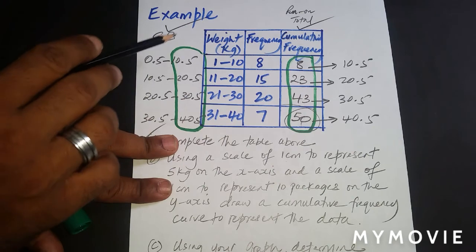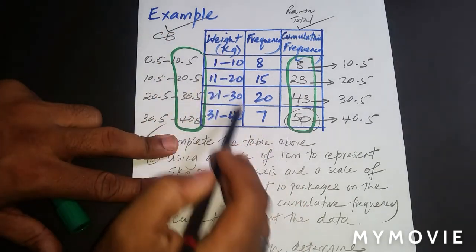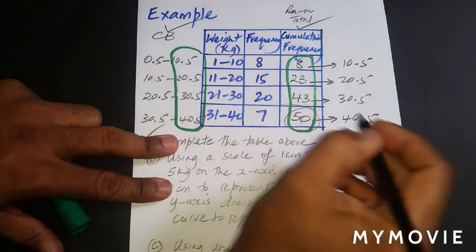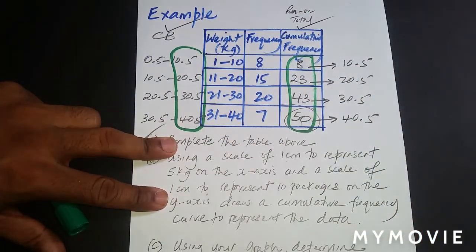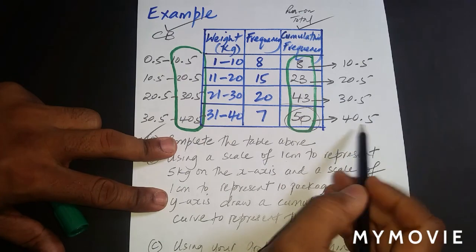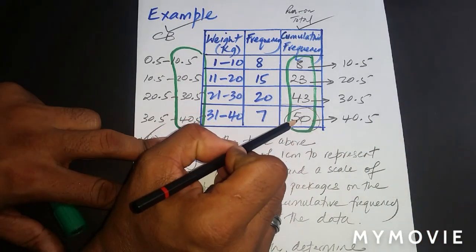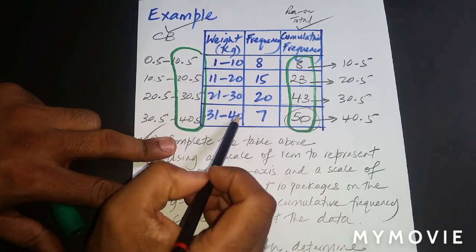Let's just say that these are the weights of packages that were weighed. So there were 50 packages that were weighed, and the information in the question would tell us that. I'm just interested in you being able to construct the cumulative frequency curve. So what you have to note is that 50 packages, for example, would weigh from 1 to 40 kilograms.